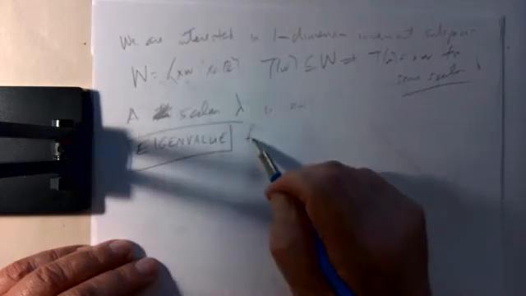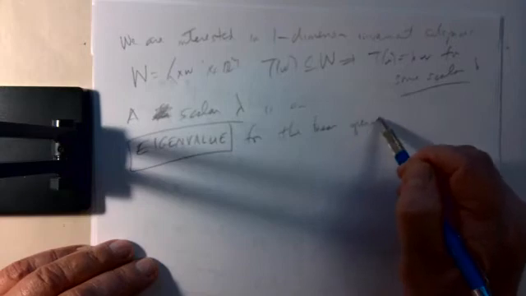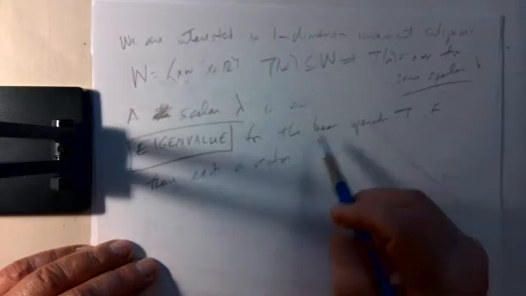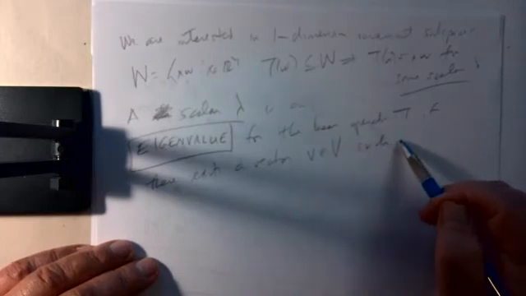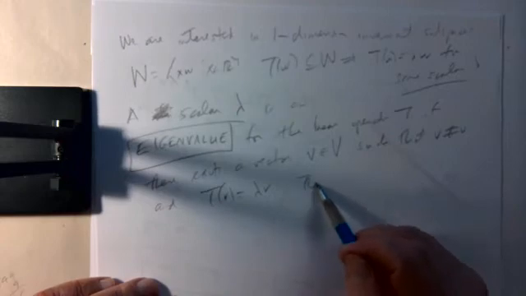It's called an eigenvalue for the linear operator T if there exists a vector v in V, which is not 0, and T of v is just the scalar multiple of v. This vector v is called an eigenvector.